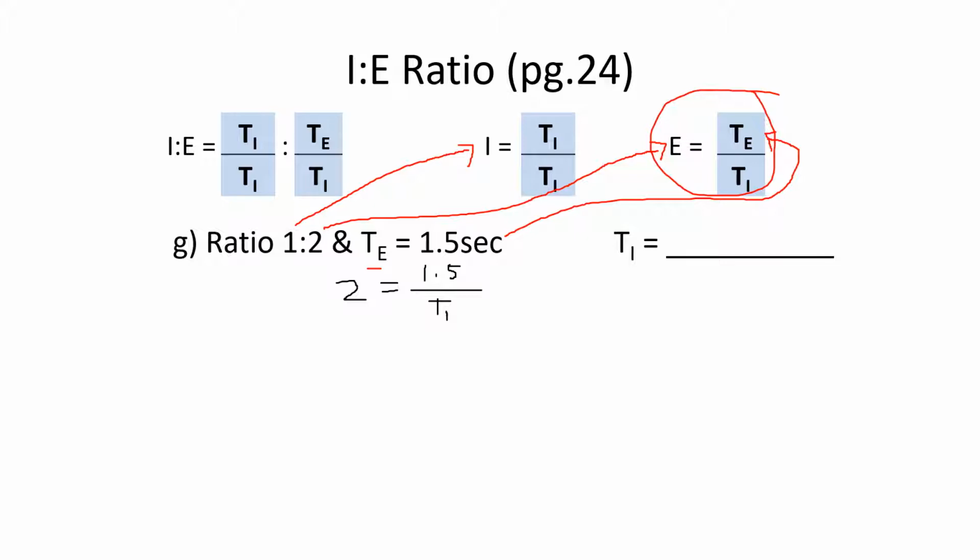What cancels out? The 2 cancels out on this side, and then the TI cancels out on this side. And you're left with TI on this side, and then 1.5 over 2 on the other side.